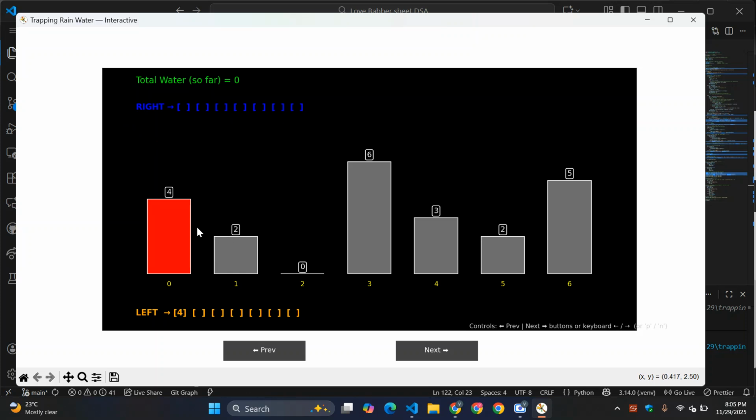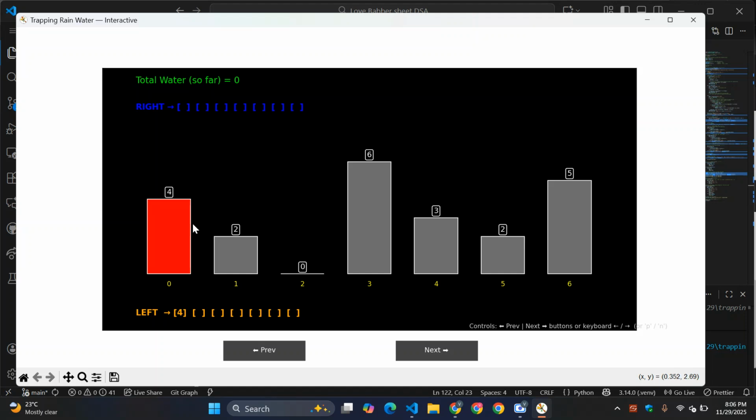Why am I doing this? Let's assume this as our example, and here in these blocks, how much water will be stored? These two parts and these four parts, a total of 6 units. So how do you find it?